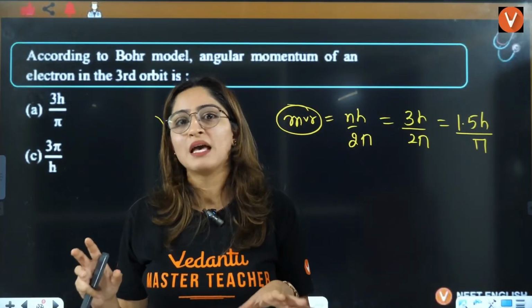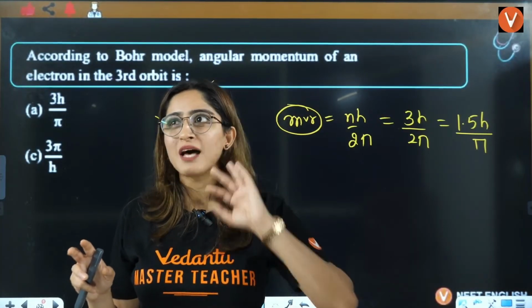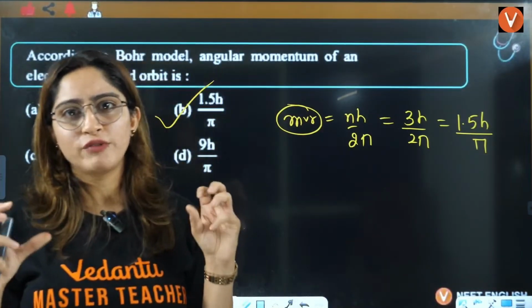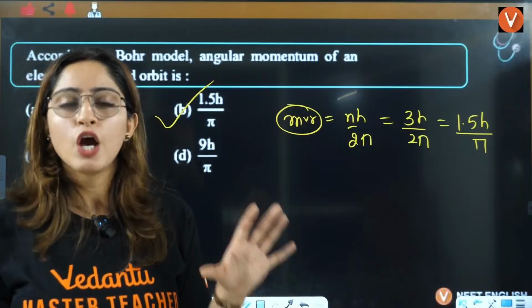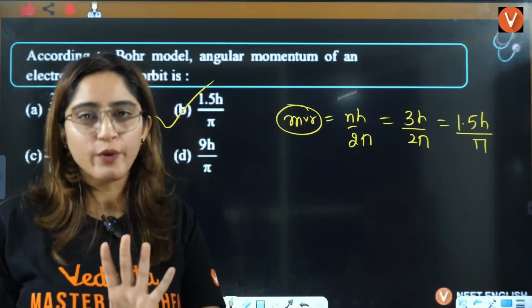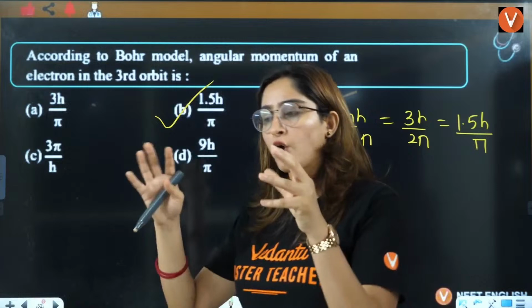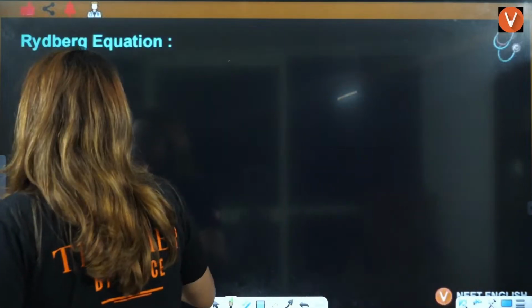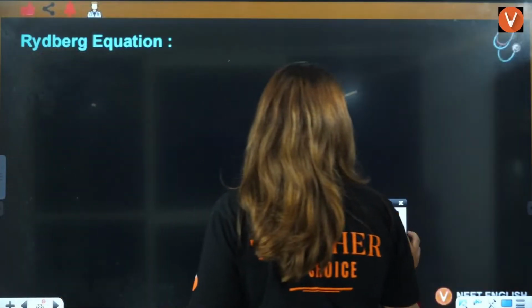There was one question asked in, I think, NEET 2019, where these three formulas were mixed. Don't worry, we are going to talk about that in the next class. For that, I need to first tell you a few things.